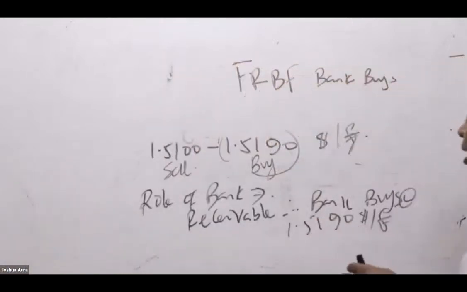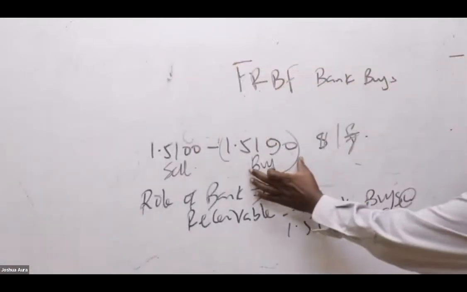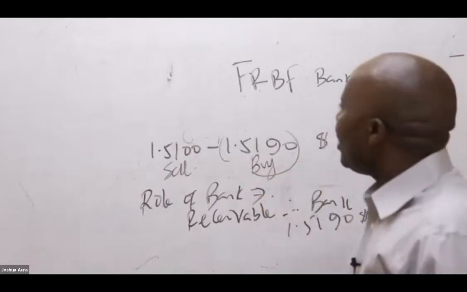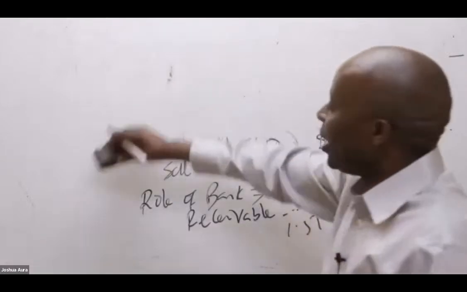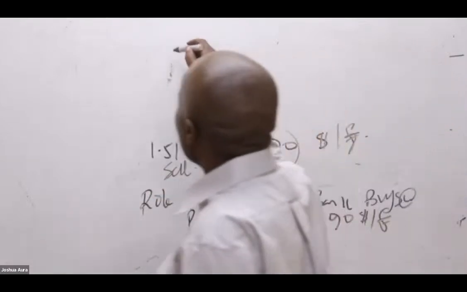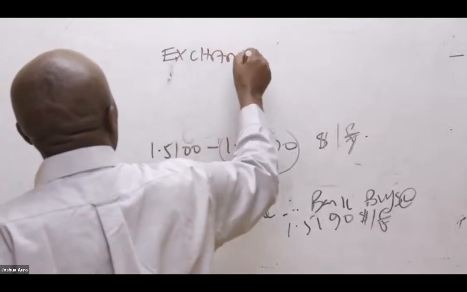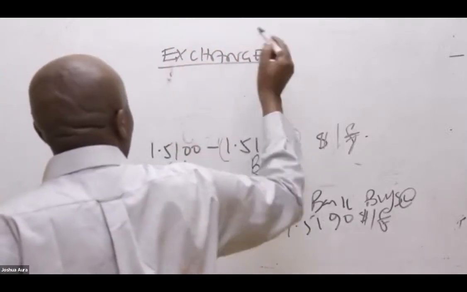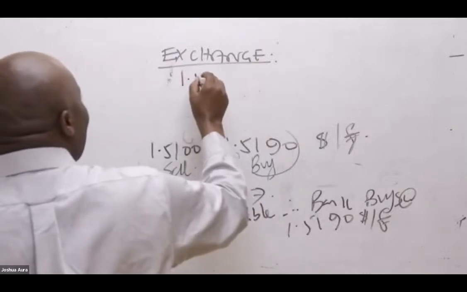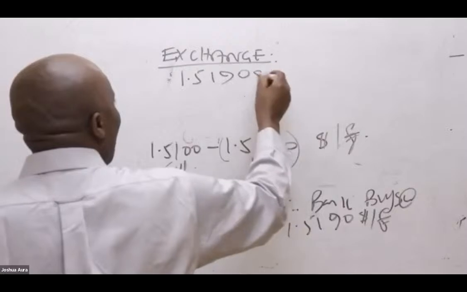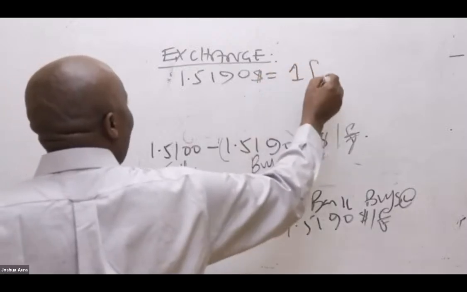So if it's buying, please, we are taking the buying rate. So you come here and say now exchange. Even if you don't understand much, you write it in capital letters. Write here EXCHANGE. So we say abracadabra, $1.5190 equals £1.